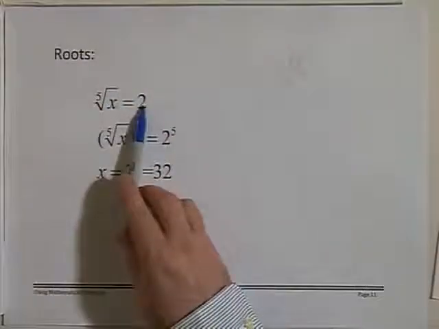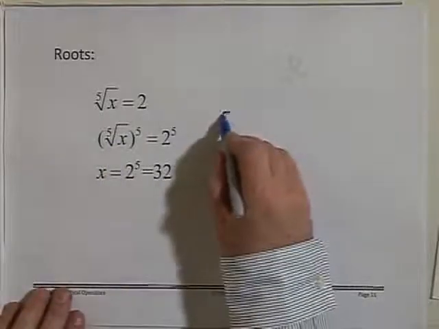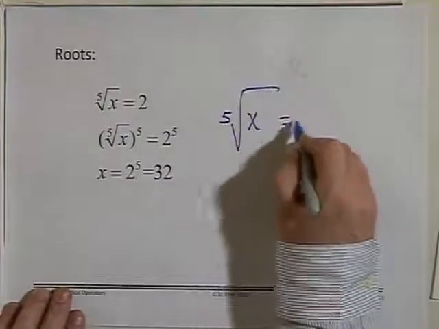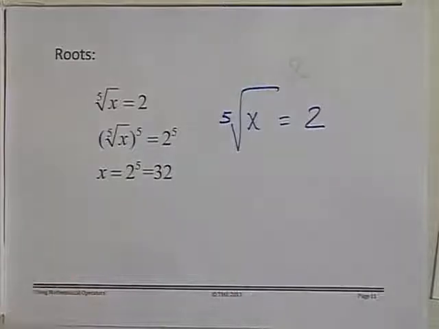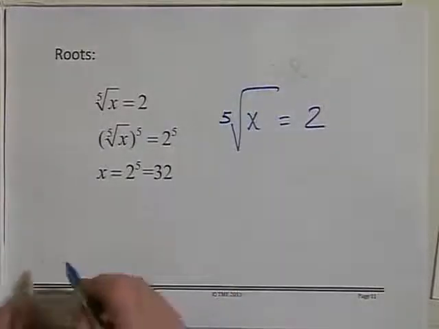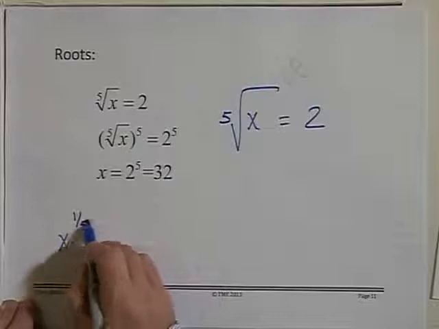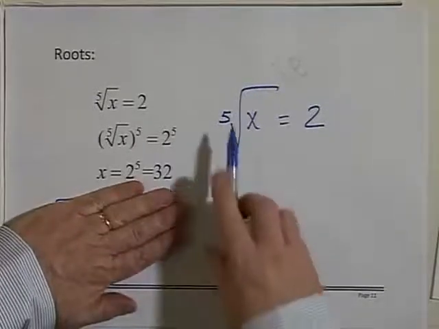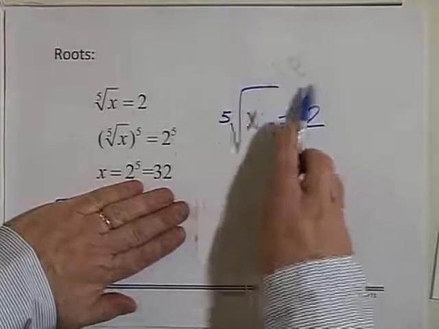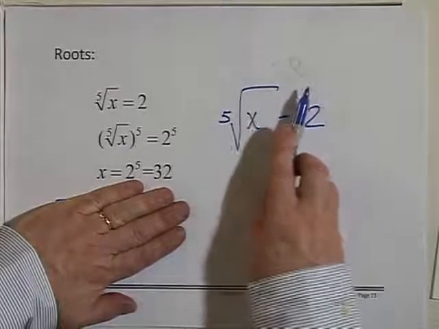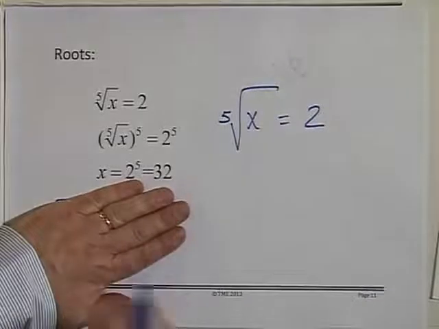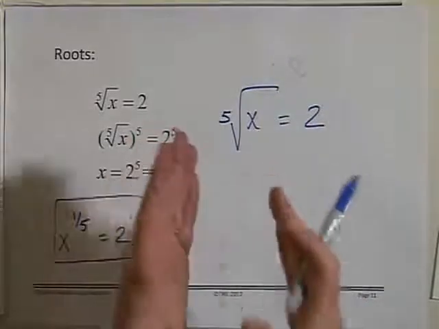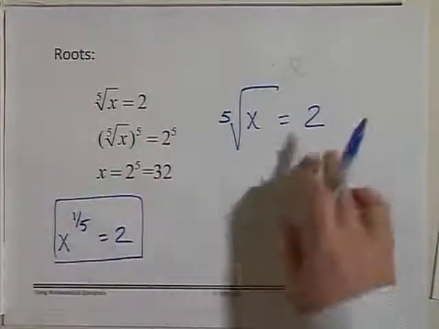Imagine if they did it the other way around, and they said the 5th root of x is 2. Later on we'll see that that's the same as writing x to the power of a 5th is 2. But we'll worry about that at the moment. How do you get rid of the 5th root? The 5th root is something that says, if you multiply this by itself 5 times, you'll get 2.